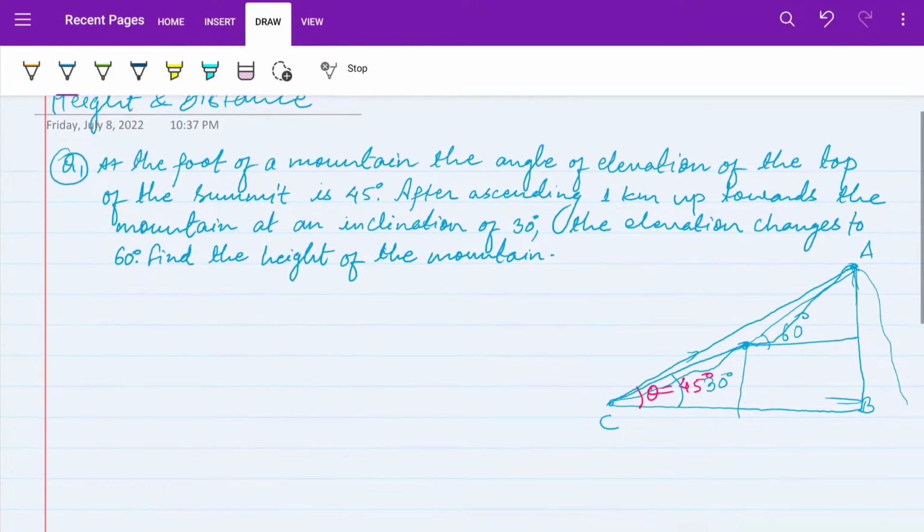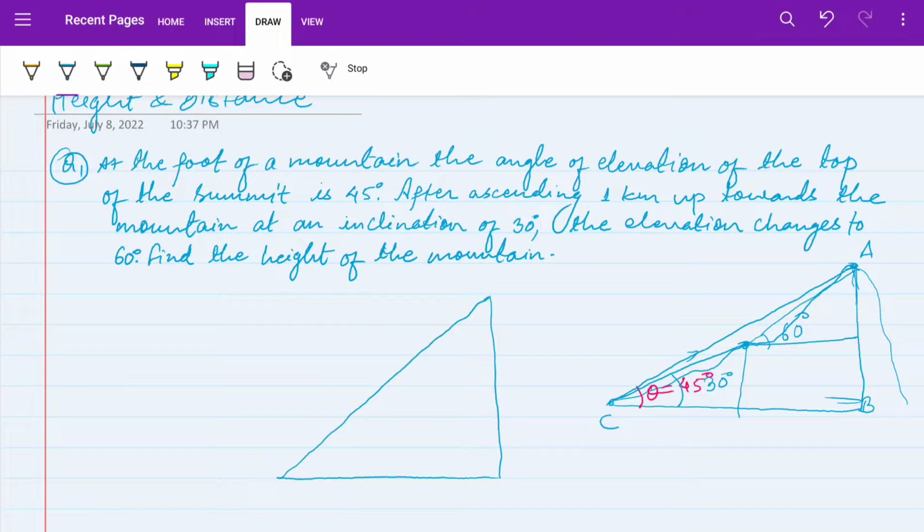So the picture does not look good, so I'm going to make it once again. So this is the mountain. It is very difficult to draw the straight line here. So this is the mountain here. From the foot of the mountain, if you observe the top, the angle of elevation is 45 degrees.